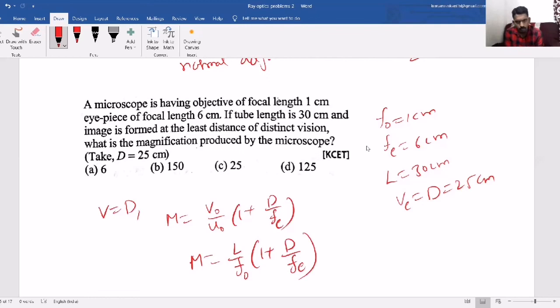Remember this also. In terms of the length of the tube we approximate, so V naught becomes approximately L. L, F naught, D and Fe values are all given. You just have to substitute and calculate carefully.